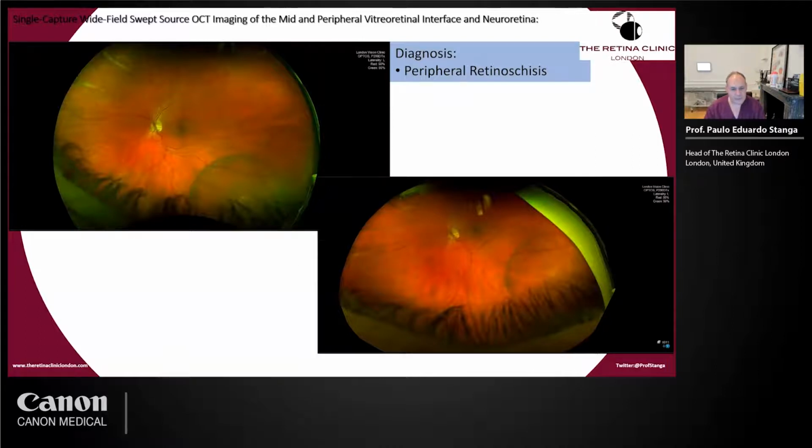This is a lesion that we see very often, commonly referred to differentiate from retinal detachment. Obviously, if you are a retinal surgeon, you would think, well, perhaps this is schisis. There's no demarcation line. It's very elevated because of the configuration.